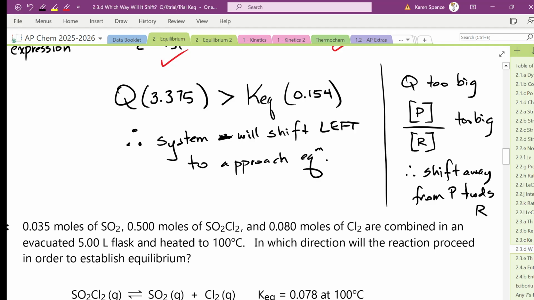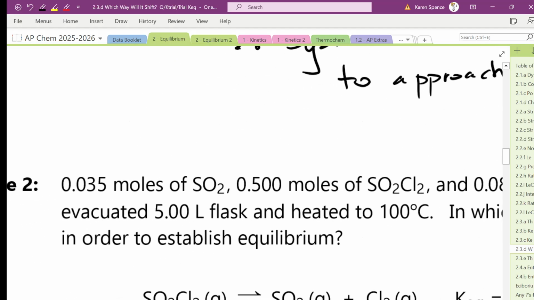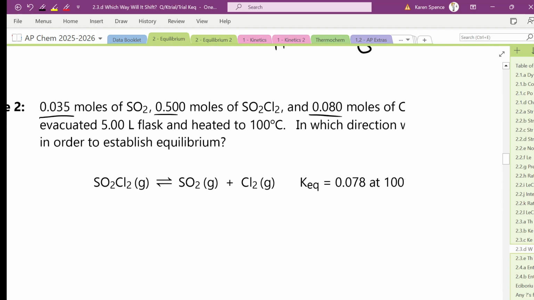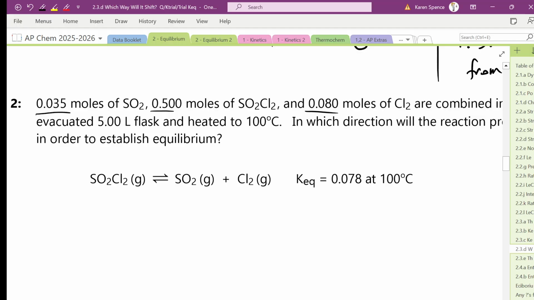Now, in this next example, my feeling is that these numbers here, which are like 0.035, 0.5, 0.08, we got a 5-liter vessel. I would show the work for finding the concentrations, okay? I would say, okay, what is my concentration of SO2 initially?